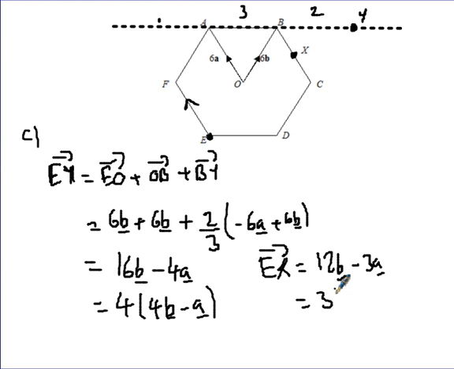So if we bracket out a 3, that's 4B take away A, and so hence parallel, because they've got the same vector formula, just times 1 by the other. So that tells us that they're parallel there, and they must be on the same straight line.